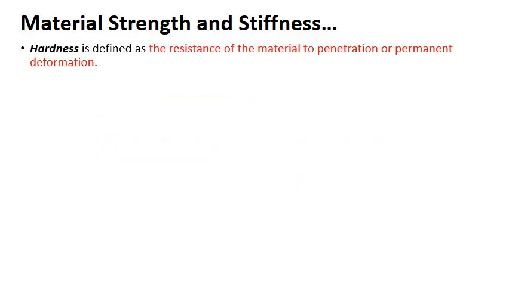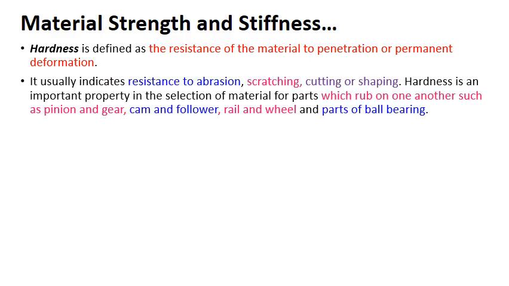A very important property is the hardness, where you have relative movement, that we will see. It is basically the resistance of the material to penetration or permanent deformation. So in general, it could be resistance to abrasion, scratching, cutting, or shaping.